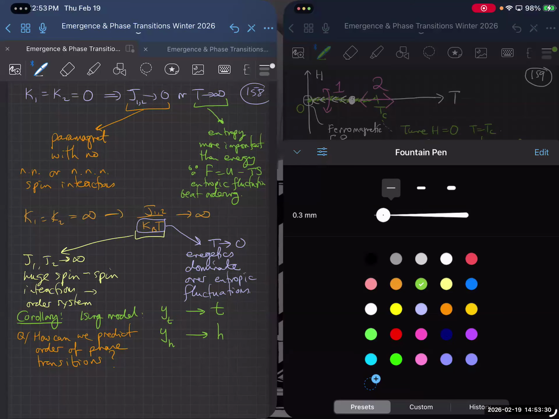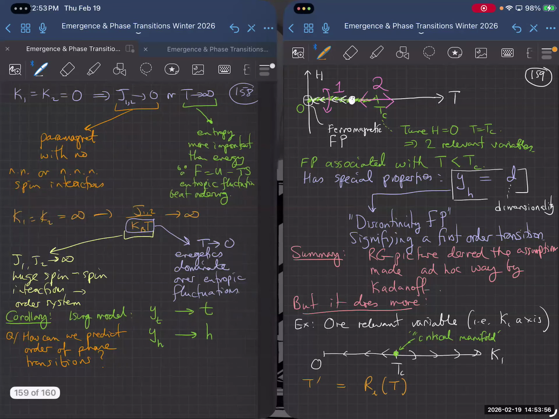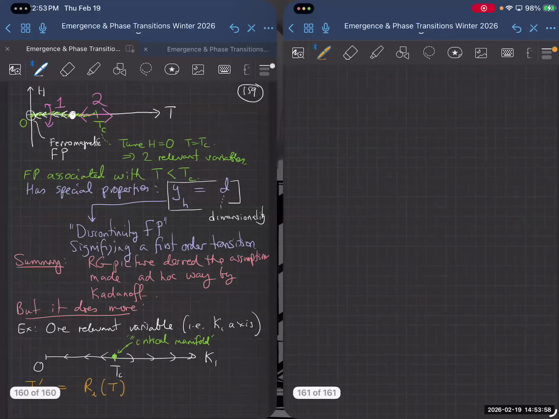You would never really do this in practice, but let's just see what happens. If we had one relevant variable, then the renormalization group takes the system at temperature T and maps it into a system at temperature T prime. Coarse graining moves you away from T_C. We already saw that with Kadanoff's picture. So I can think of it like that. And then what I'm supposed to do is linearize that picture. So now I linearize that.